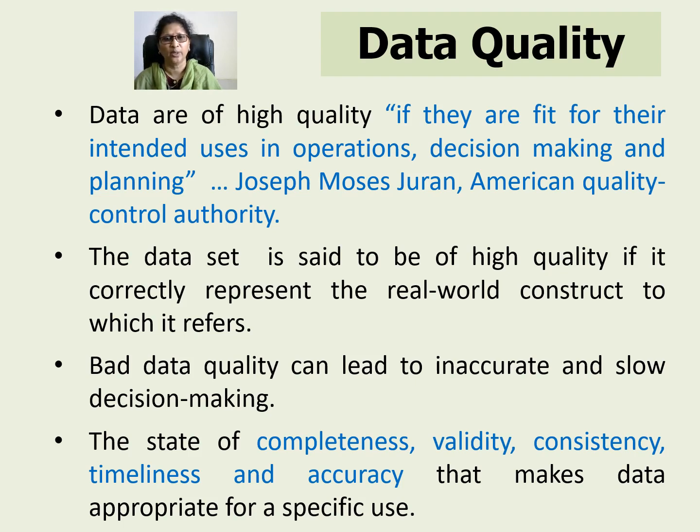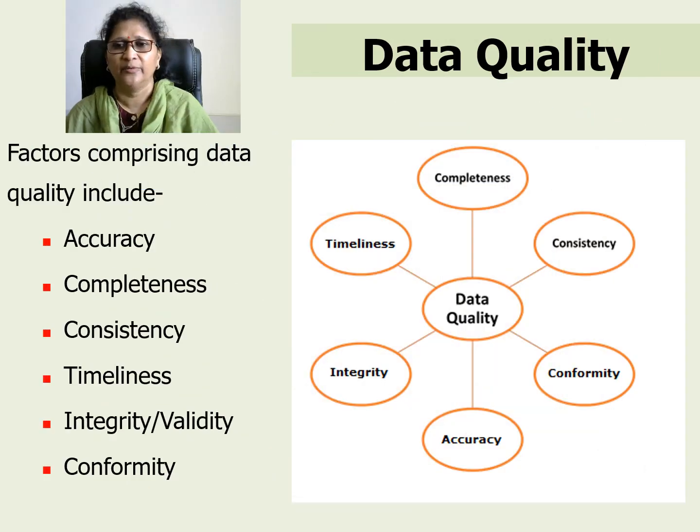So we need to pre-process data to bring it up to some mark of quality. We shall define data quality in terms of these 6 measures: timeliness, completeness, consistency, conformity, accuracy and integrity. Let's learn these terms.